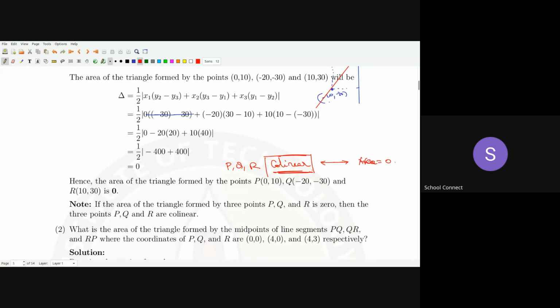On Saturday, we can discuss straight lines. So one answer I already got: it is 1.5 or 3 by 2. For this particular question, option A is 1.5.